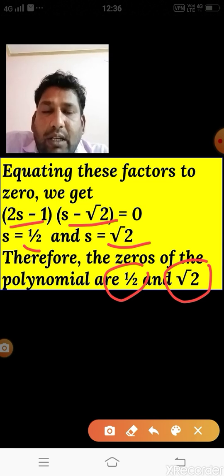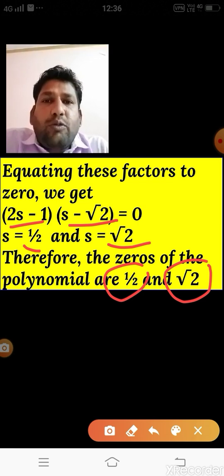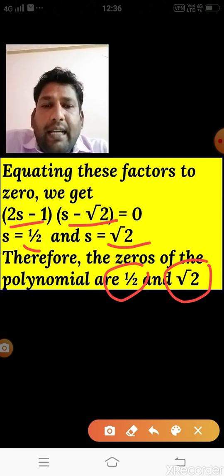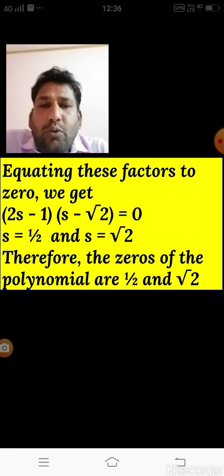If we have the quadratic polynomial, we are able to tell the values of a, b and c by observing the coefficient of x square, the coefficient of x, and the third one, c, as the constant term. Here we have the two zeros, 1 by 2 and root 2, and now we do the verification.